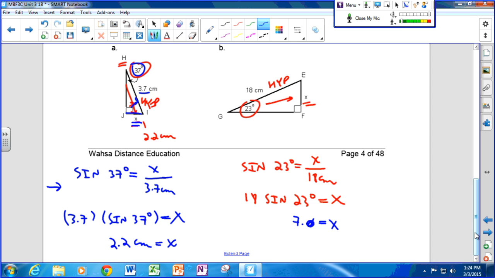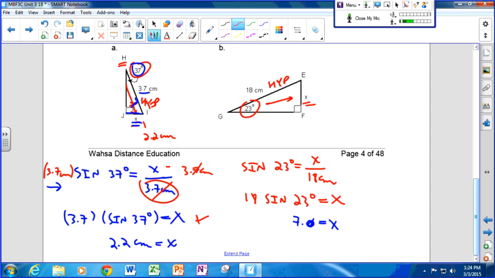Now, again, to get the x by itself, I basically did what amounts to multiplying both sides by 3.7. If I multiply this by 3.7 centimeters, and I multiply that by 3.7 centimeters, on this side they cancel out, and we're left with x by itself, and that's what the second line looks like.